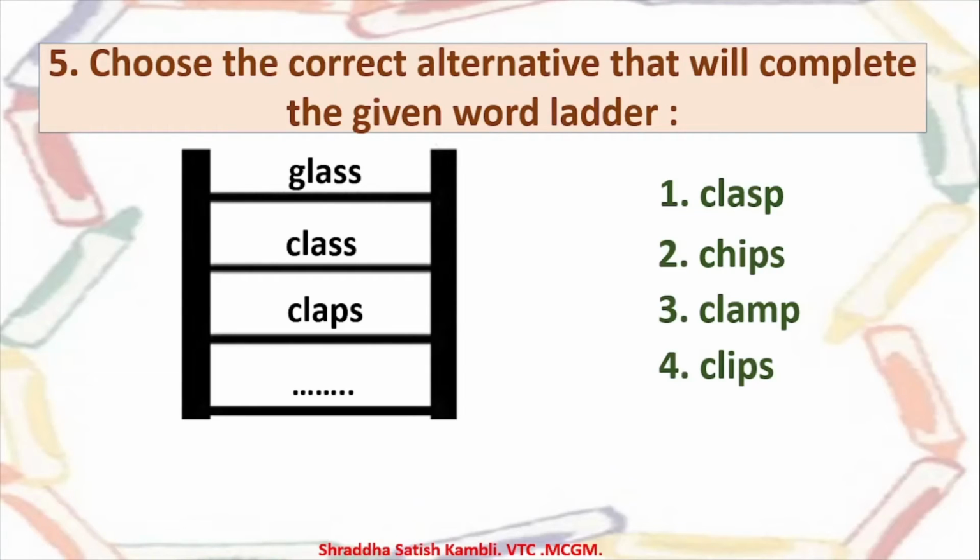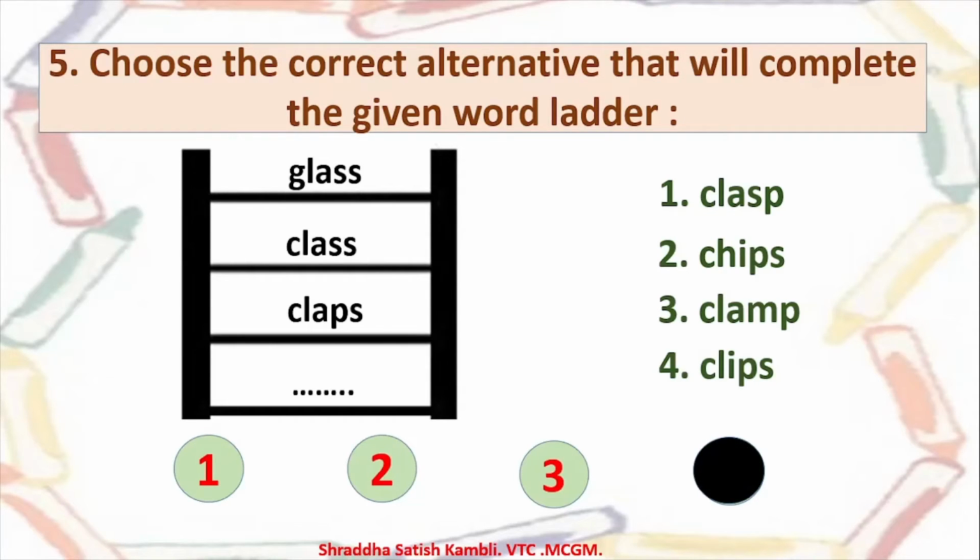So where will it start from? Let's see option number 1, 2, 3 or 4. You have option number 4, clips. Okay, so see, the clips will become claps, will become class, and will become glass. So this is how it keeps on changing.